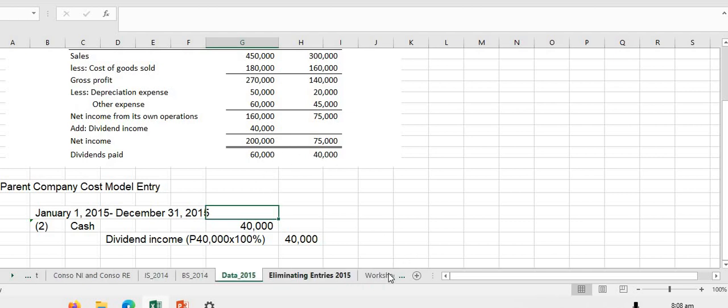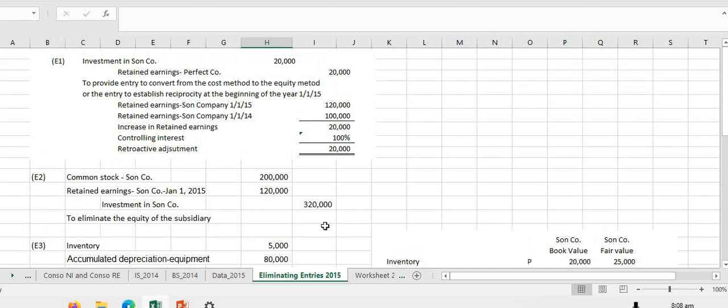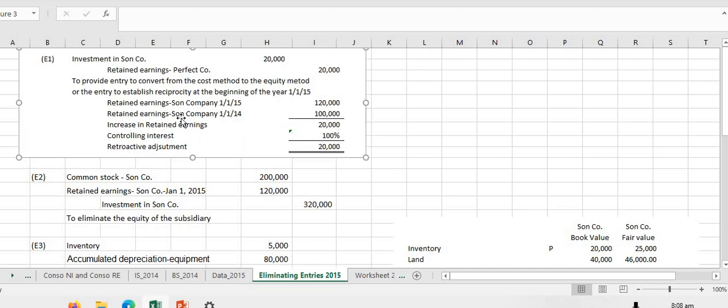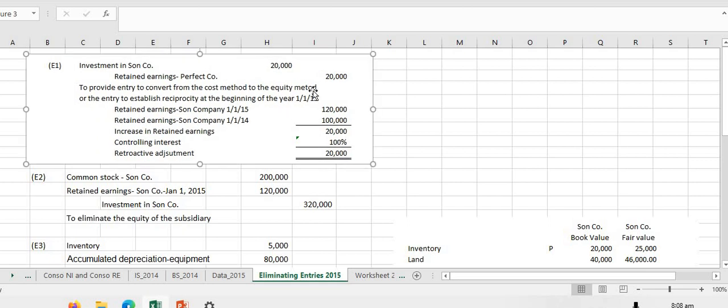Okay? So, for eliminating entries natin, so take note na, okay? So, actually, our first entry is to provide entry to convert from the cost method to equity method, or the entry to establish reciprocity at the beginning of the year 2015. So actually, you are to consider lang, so how much is the increase in the retained earnings of the subsidiary.